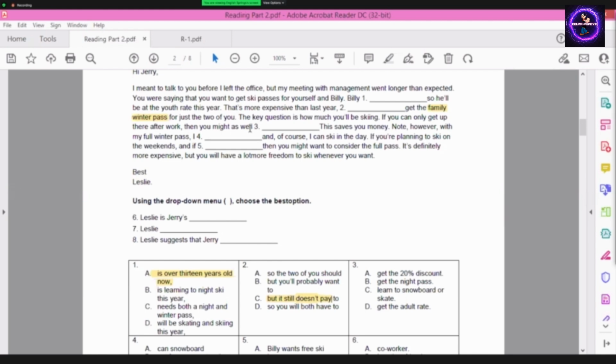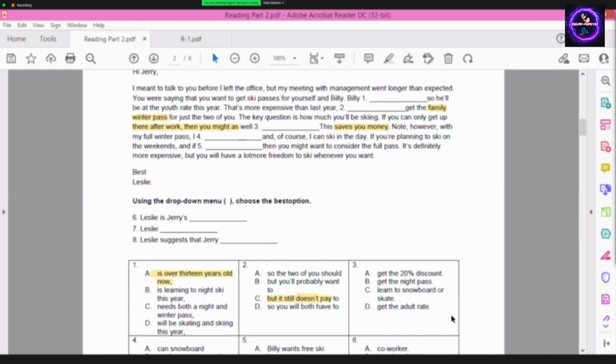Next, he says the key question is how much you will be skiing. If you can only get up there after work, then you might as well dash, this saves you money. The options are: get the 20% discount, get the night pass, learn to snowboard.